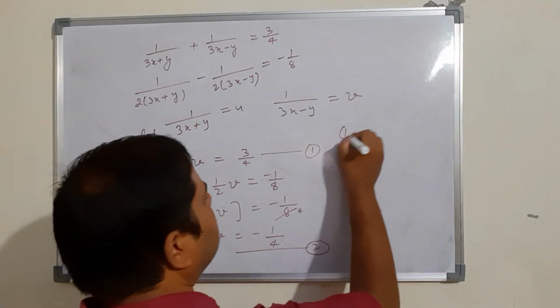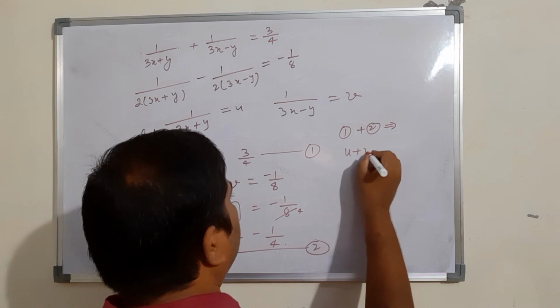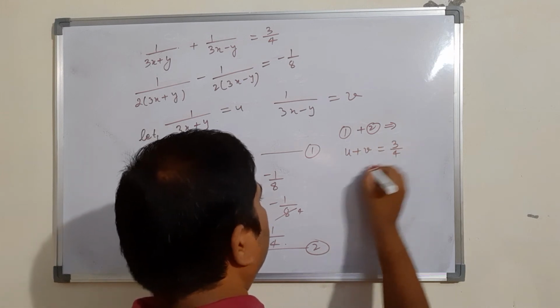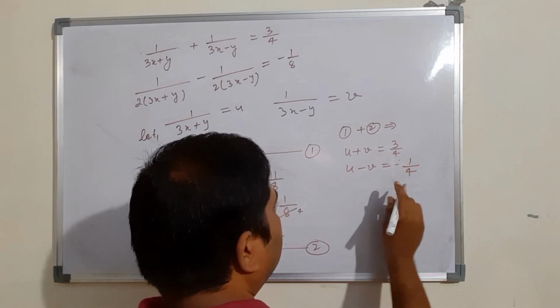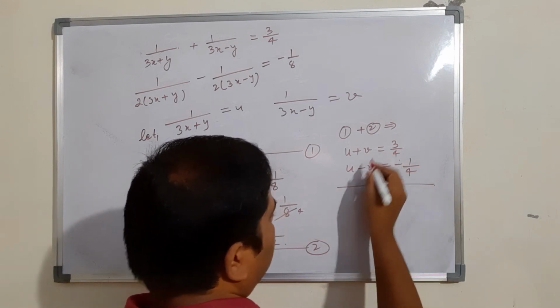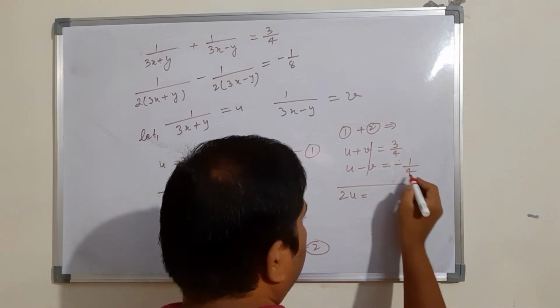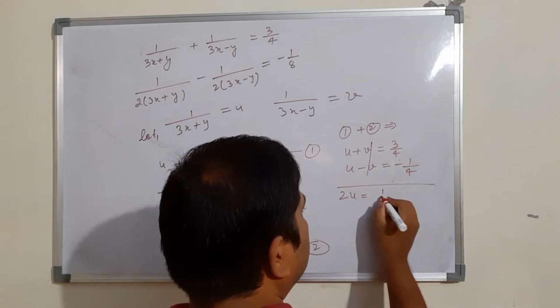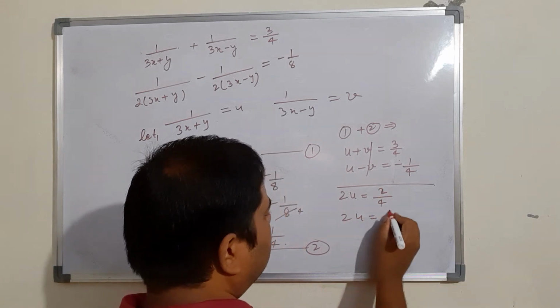Now adding 1 plus 2, we get u plus v is equal to 3 by 4, and u minus v is equal to minus 1 by 4. So v cancelled out. 2u is equal to 3 by 4 minus 1 by 4. This is 2 by 4. So 2u is equal to 1 by 2.